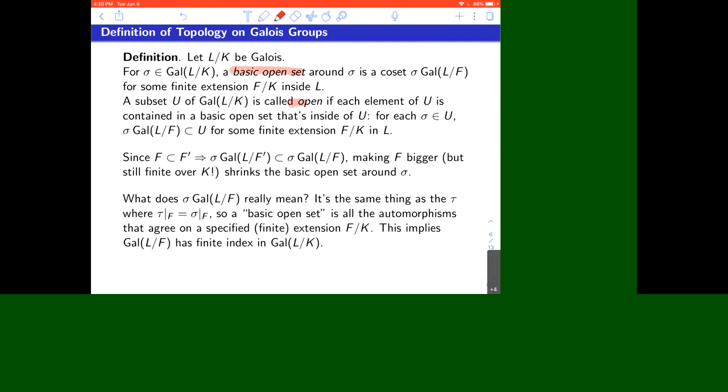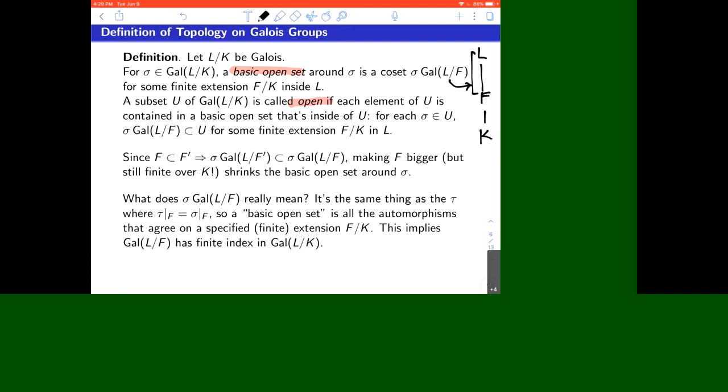So the basic open set in the Galois group around a point is just a coset cut out by a finite extension. So we have our infinite Galois extension L, and the automorphisms of L that fix some finite extension F, translated by sigma, are an example of a basic open set around sigma.